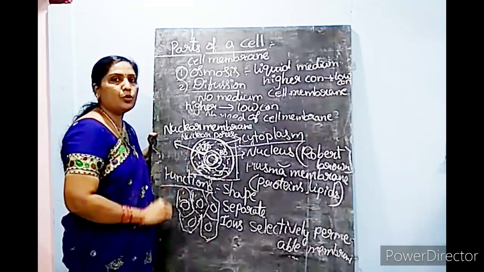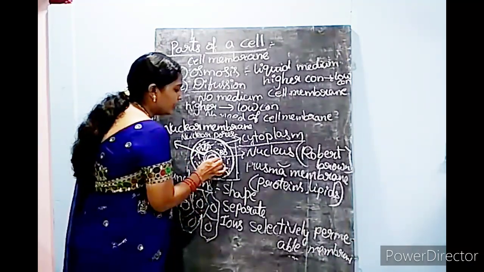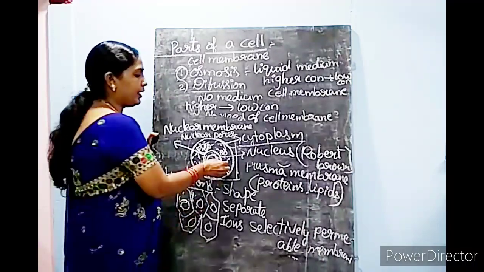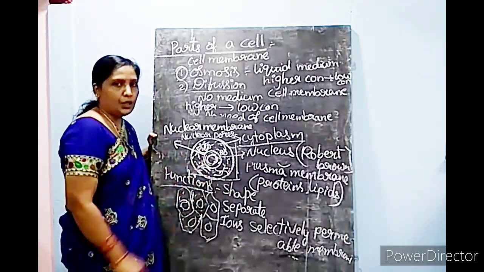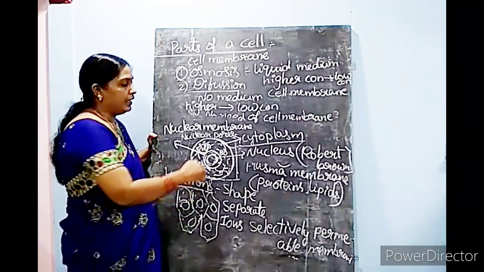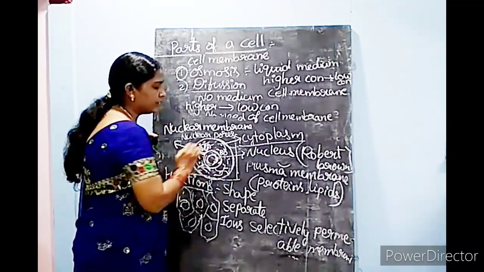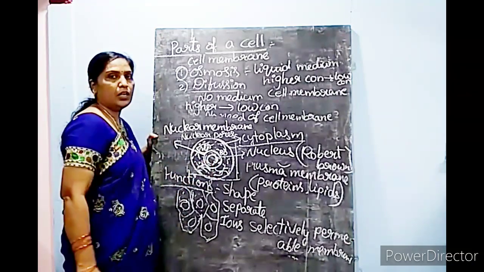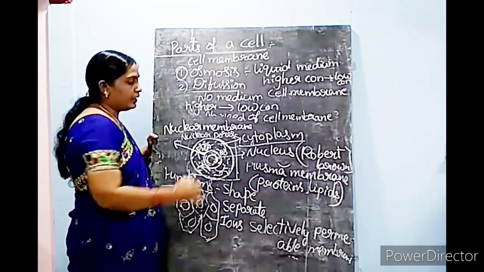It also helps to separate the nucleus and the cytoplasm. It is separating the cytoplasm and the nucleus, and it acts like a membrane. It gives protection to the nucleus.